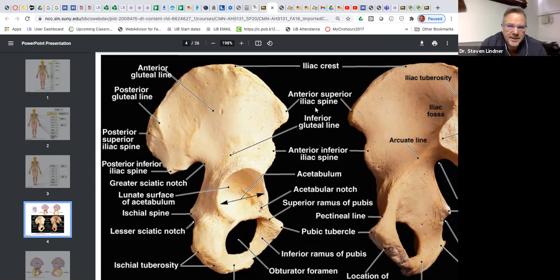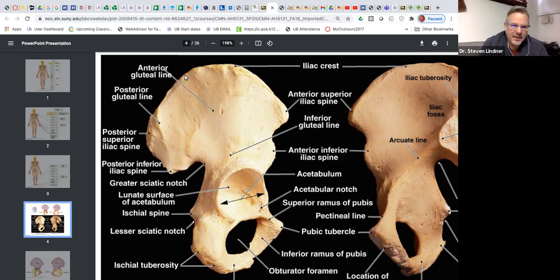Now, if there's an anterior superior iliac spine and an anterior inferior iliac spine, we're going to have the same thing on the posterior side. So there's a posterior superior iliac spine, and then there's a posterior inferior iliac spine. So the key landmark there is the iliac crest.